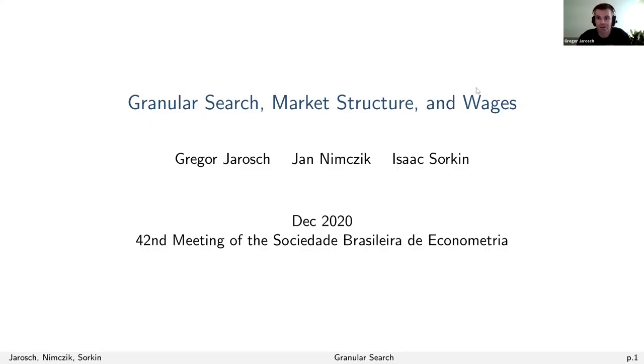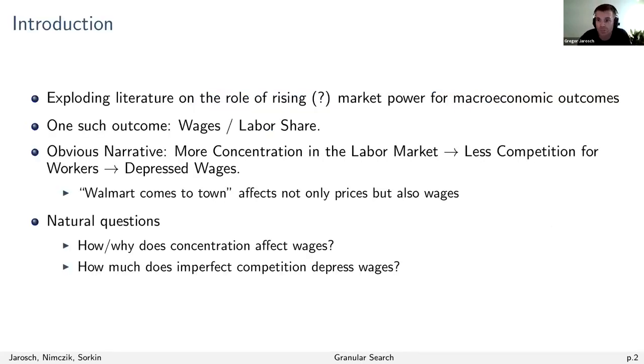This is joint work with Jan Nimczyk, who is an assistant professor in Berlin at ESMT, and Isaac Sorkin, who's at Stanford. The paper, broadly speaking, joins a fairly sizable literature at this point that is after the relation of market power and a host of macroeconomic outcomes.